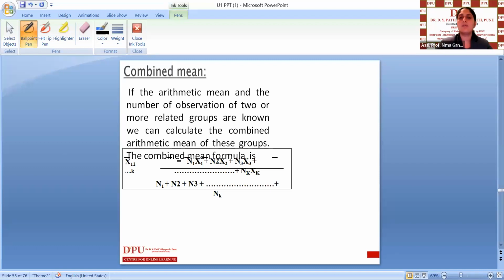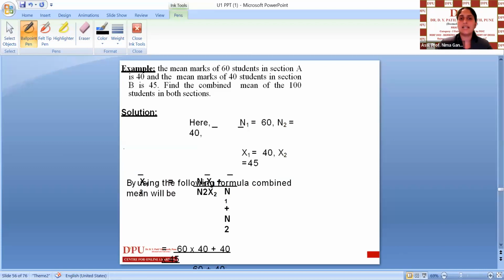So this is the formula for the combined mean. So I'm directly taking the example. Let's say the mean marks for 60 students in section A is 40. The mean marks of 40 students in section B is 45. So mean marks are given.